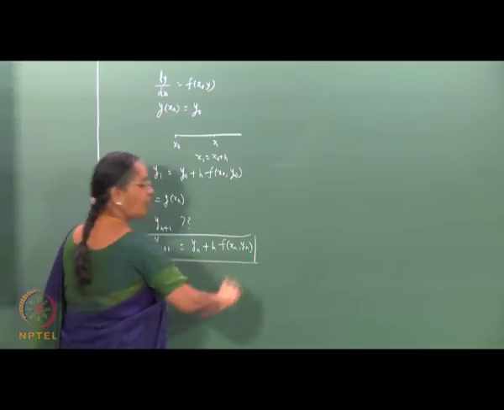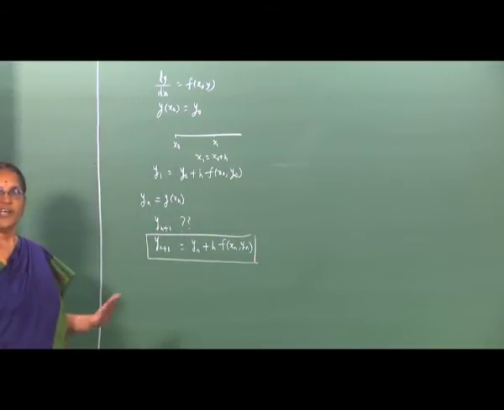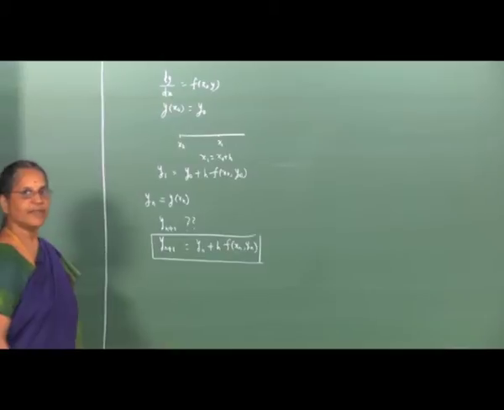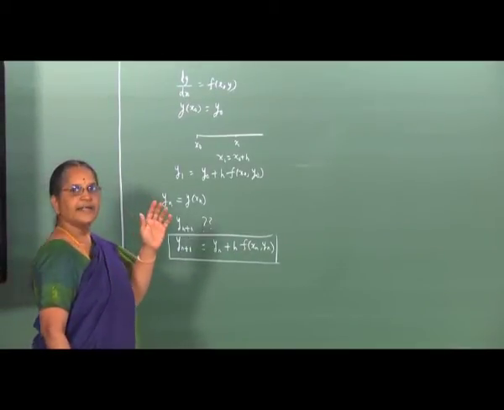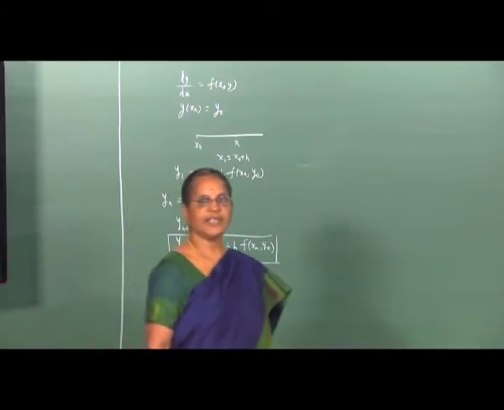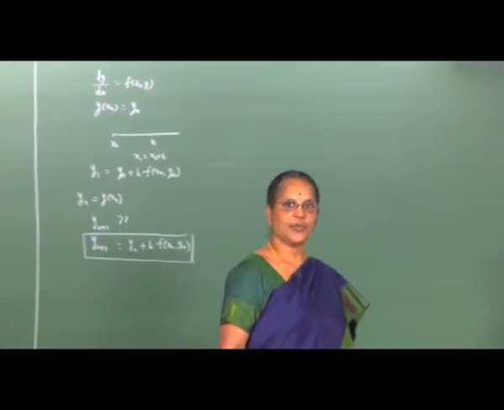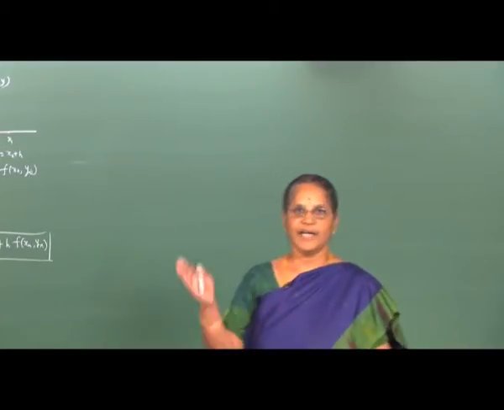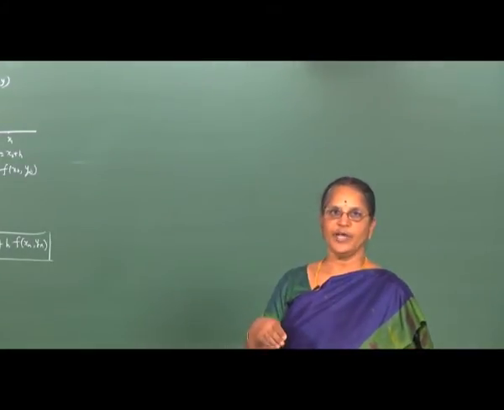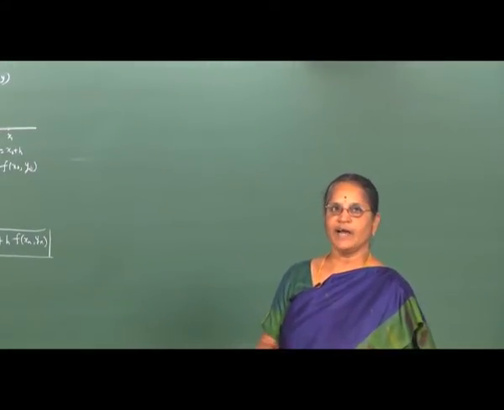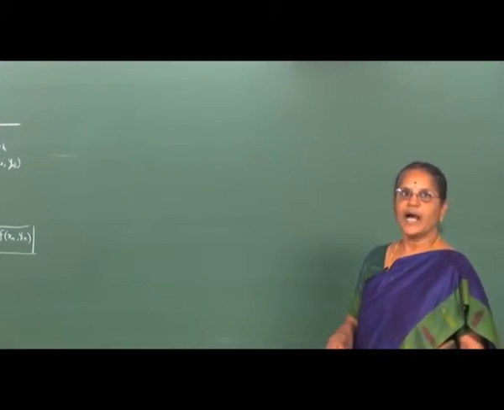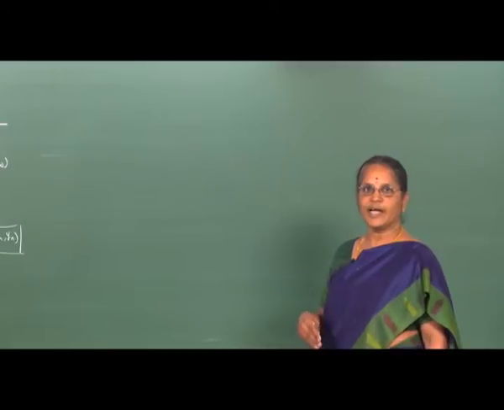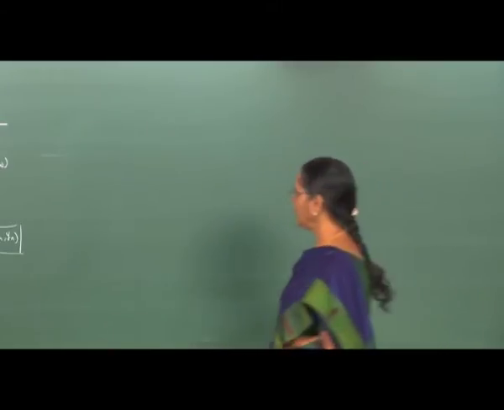Then we also saw a modified form of Euler's method in which the solution curve in an interval xn to xn plus 1 is approximated by a straight line passing through xn yn and having its slope to be the average of the slopes at the points xn comma yn and xn plus 1 comma yn plus 1.